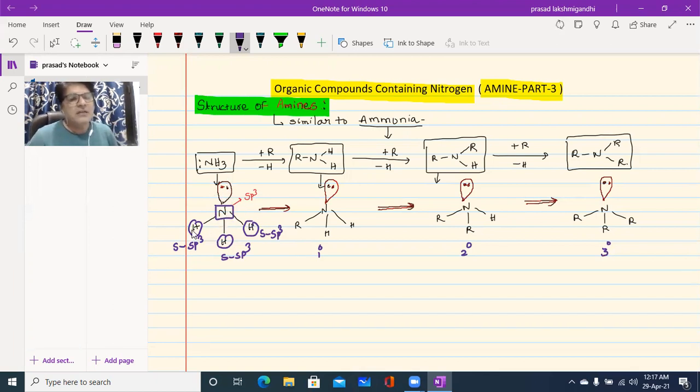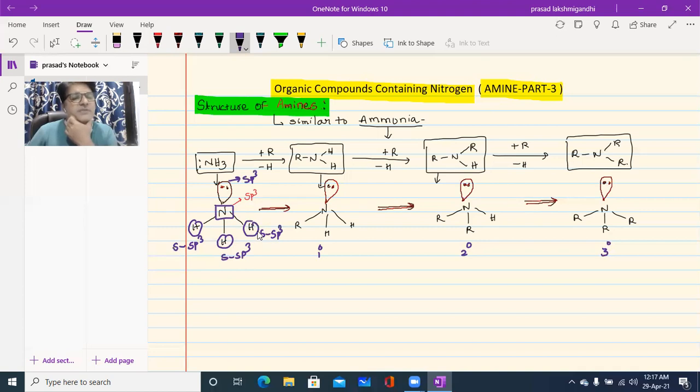Like this, out of the four sp3 hybrid orbitals, this one is also an sp3 hybrid orbital only, but it contains the lone pair. So out of the four, three sp3 hybrid orbitals overlap with the s orbital of hydrogen, and this sp3 hybrid orbital holds the lone pair.